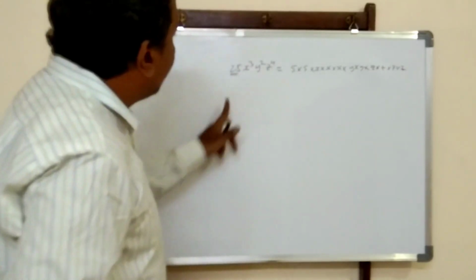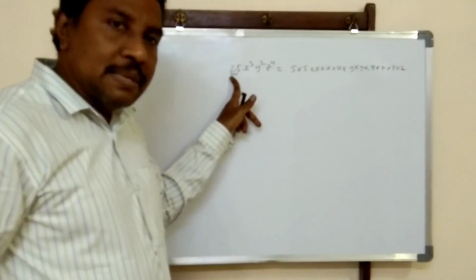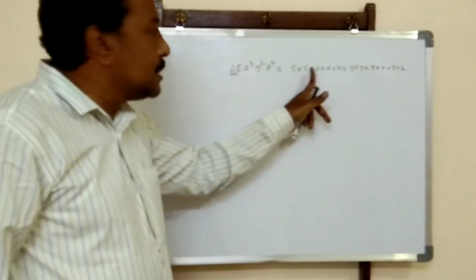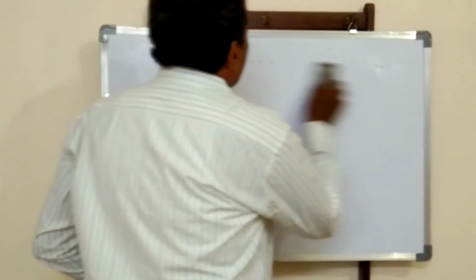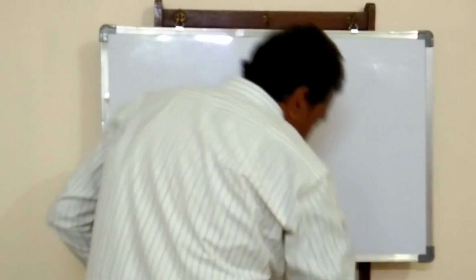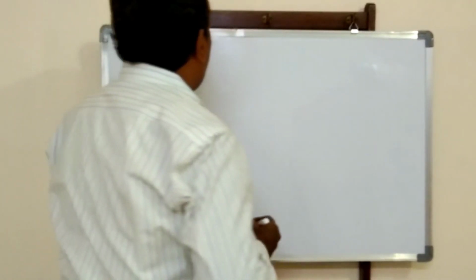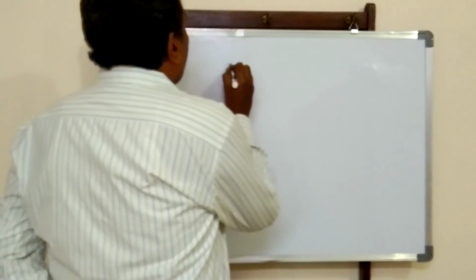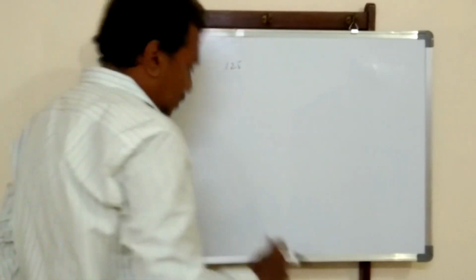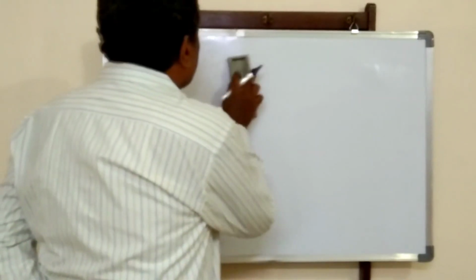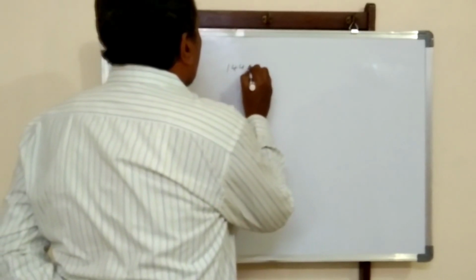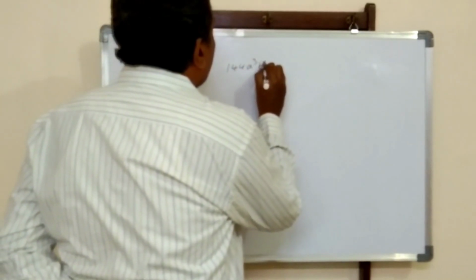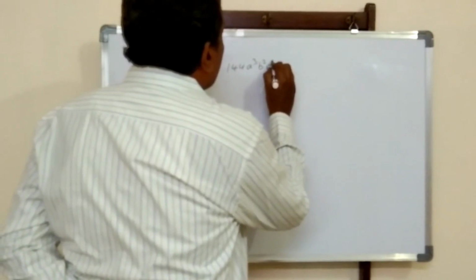If the numerical coefficient is very simple, it is easy to write. Suppose a monomial is given in this way, 144 a cube b square c square.